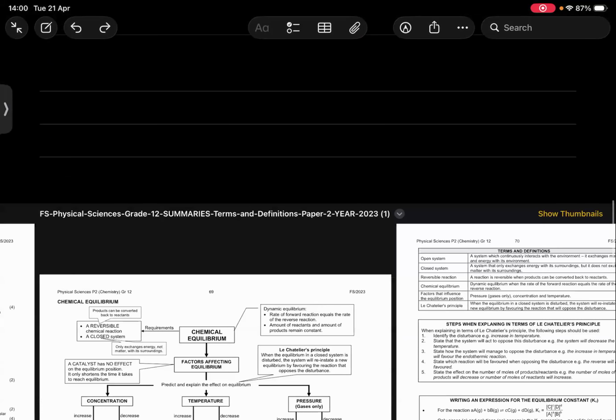That's the forward reaction. That's where AB becomes A plus B, right? That's the forward reaction. So the reverse reaction, it's when products turn back into reactants, right? It's when the products turn back into reactants.